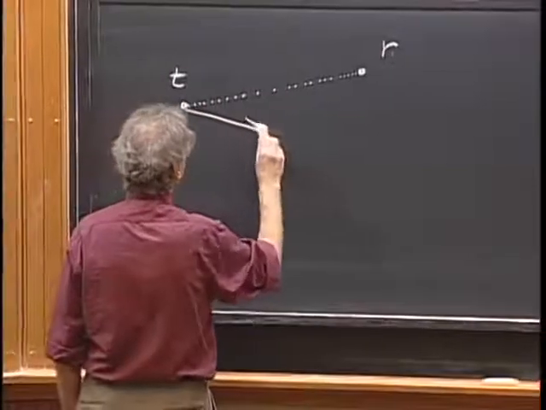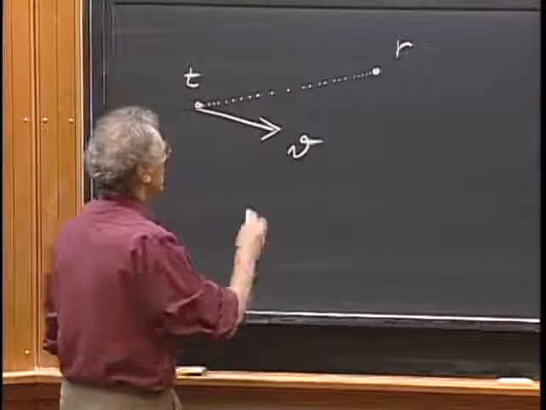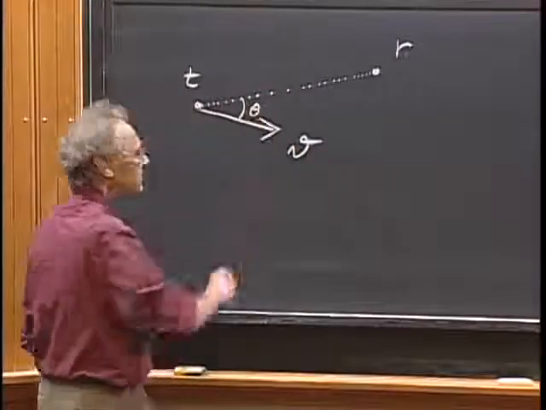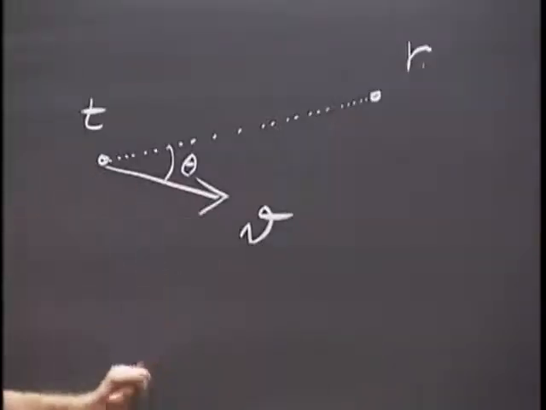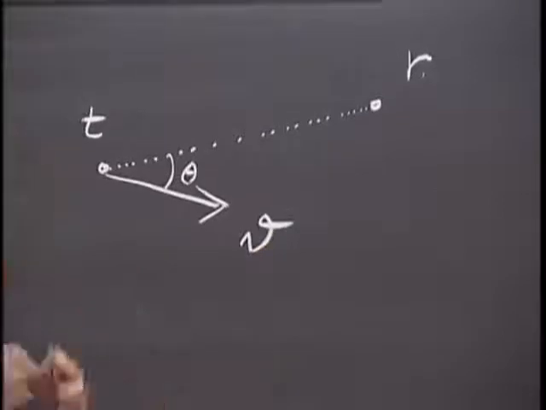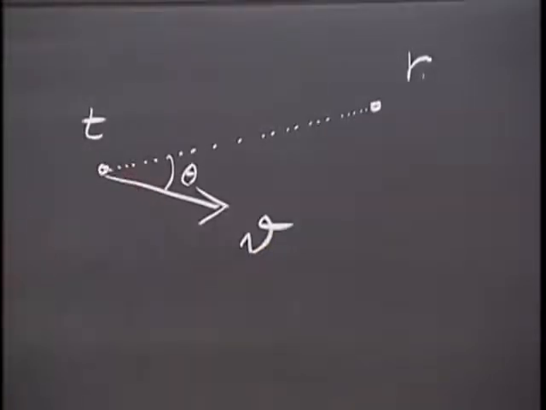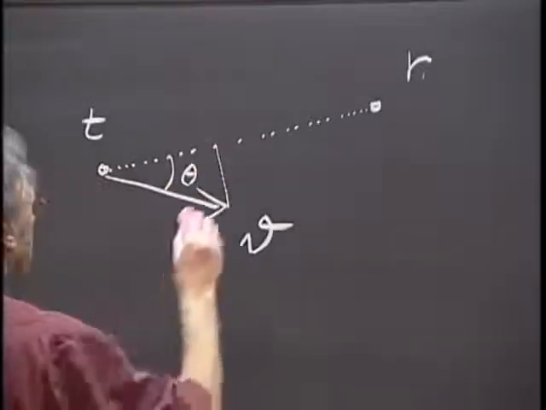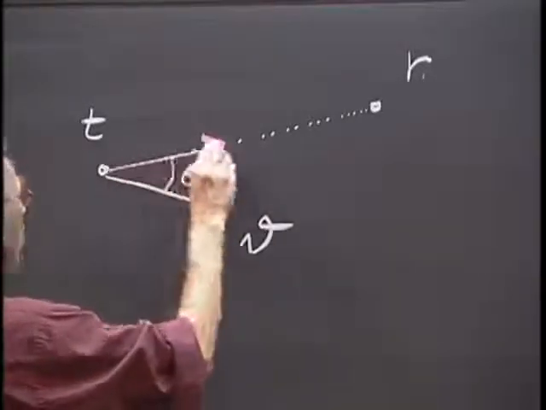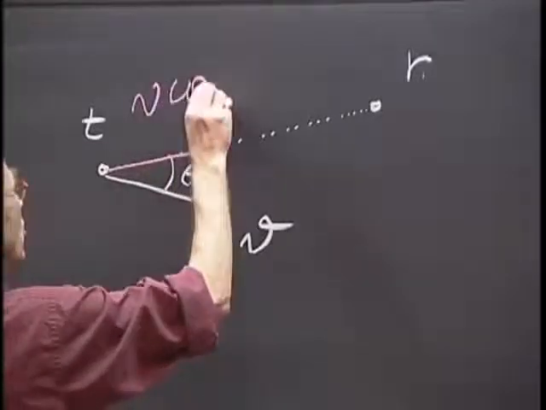And this is the relative velocity v, and this angle is theta. I'm not trying to tell you that it is this object that is moving in this direction. It could be this one that is moving in this direction. This is the relative velocity between the two and the line of sight. So the radial component of the velocity is v cosine theta.